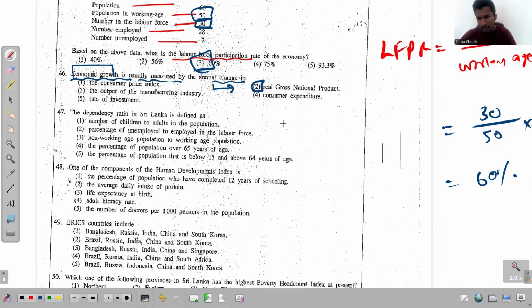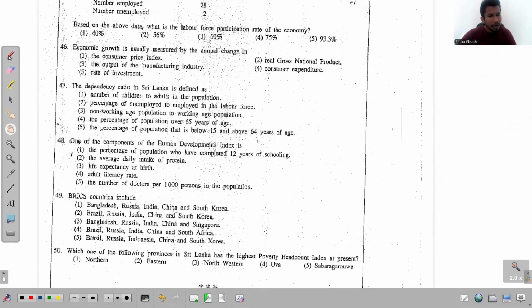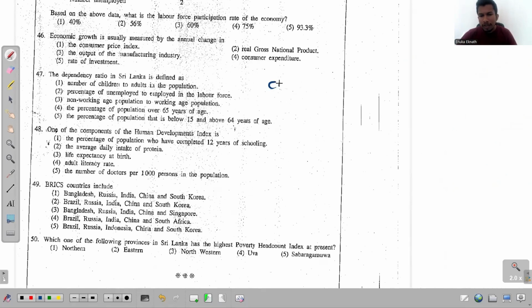So if you just write this, the equation of calculating child dependency ratio, that is, in the denominator we use working age population, right? Working age population, and on the top you write population from 0 to 14, නැත්නම් population under 14 years.